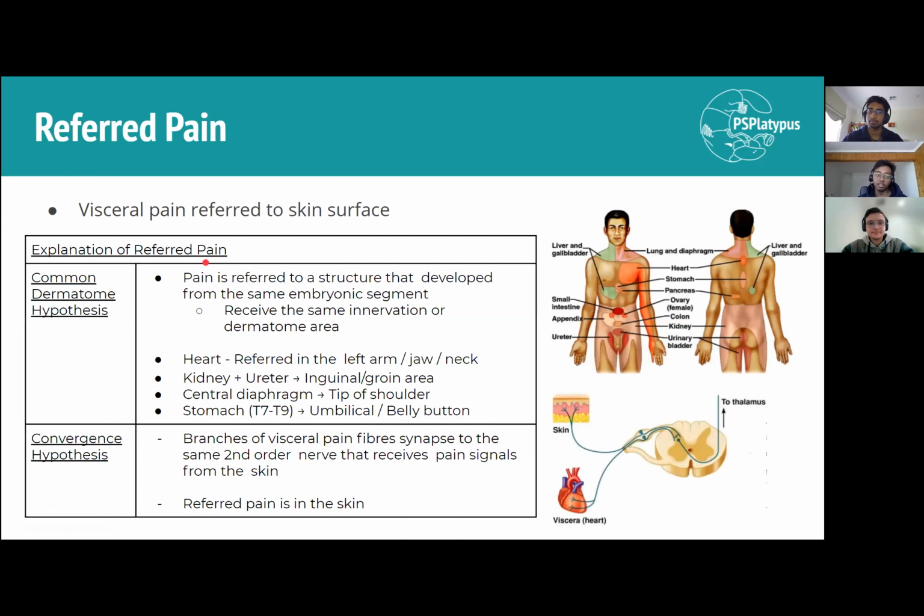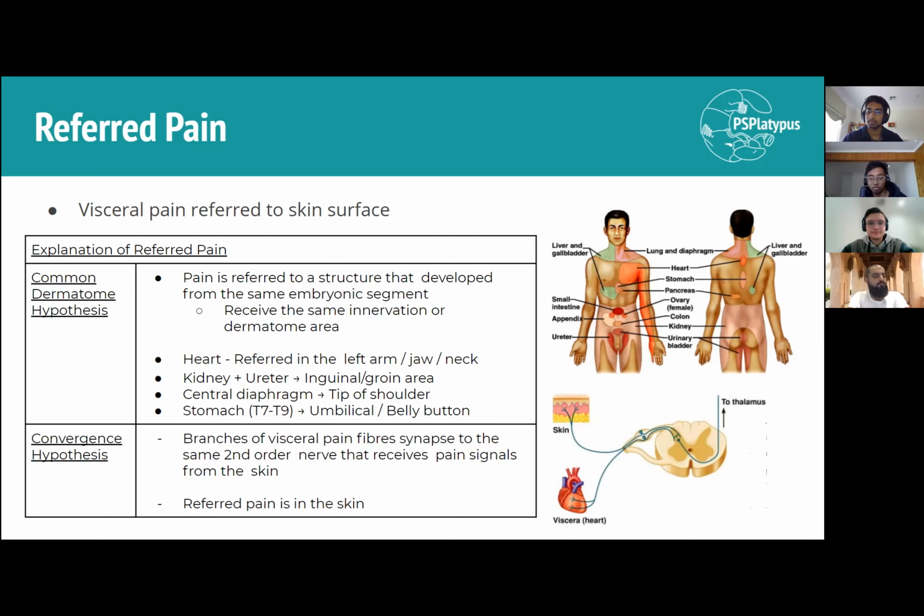Referred pain is essentially just visceral pain that is referred to the skin surface. There are a couple of different ways for us to understand how referred pain works. One is the common dermatome hypothesis. This says pain is referred to a structure that developed from the same embryonic segment.